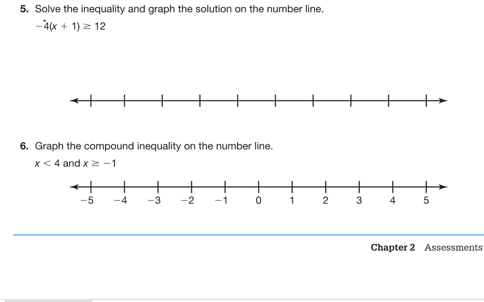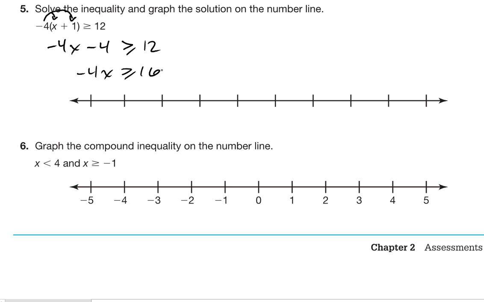So I'm going to multiply each of these terms inside of the parentheses by -4. So this is going to become -4 times x. And then -4 times 1 is going to be a minus 4. And that has to be greater than or equal to 12. Adding 4 to both sides, we get -4x is greater than or equal to 16.